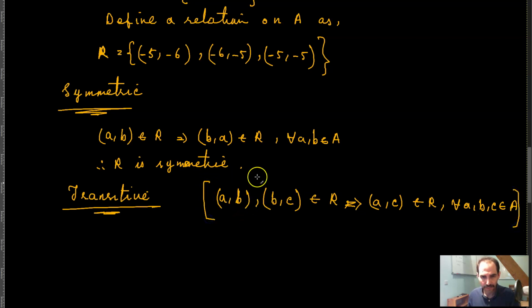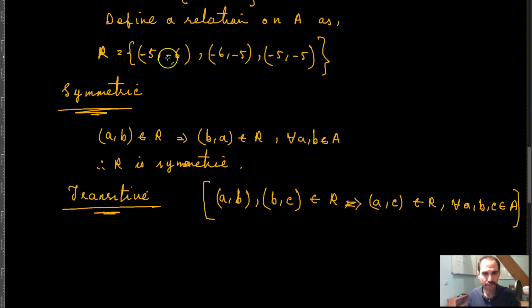That means that wherever you find two elements in which these two b's are present, then you have to take them together, and that has to imply that (a, c) also belongs to R. So you can see that, for example, over here (-6, -5) has to belong to R as well, which is this element over here.